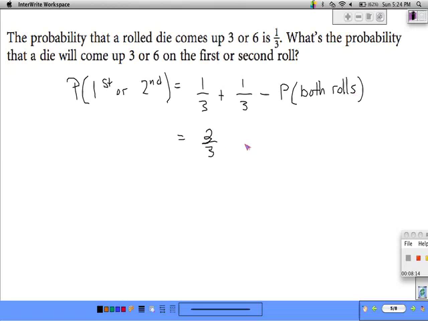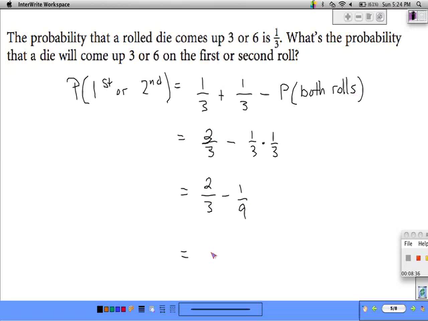So this would be 2/3 take away. Now, probability of getting it on the first roll and the second roll, that would be 1/3 times 1/3, meaning multiply. So we have 2/3 take away 1/9.